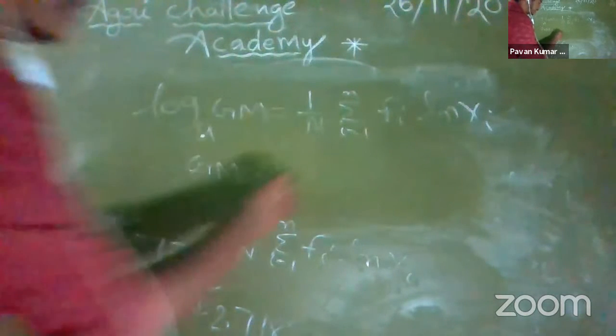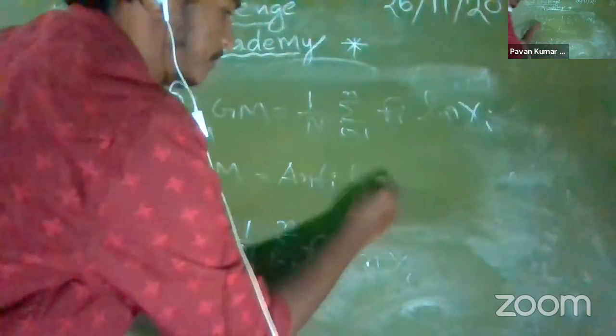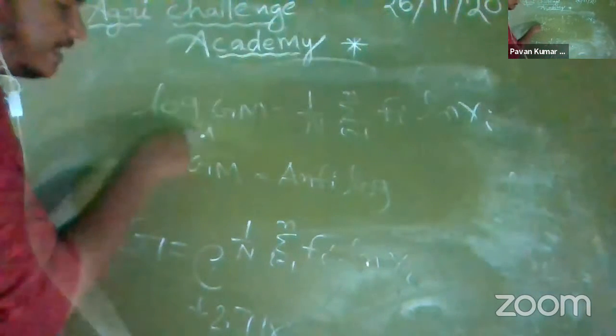Then you can write it like this: anti-log, because we didn't specify any base.